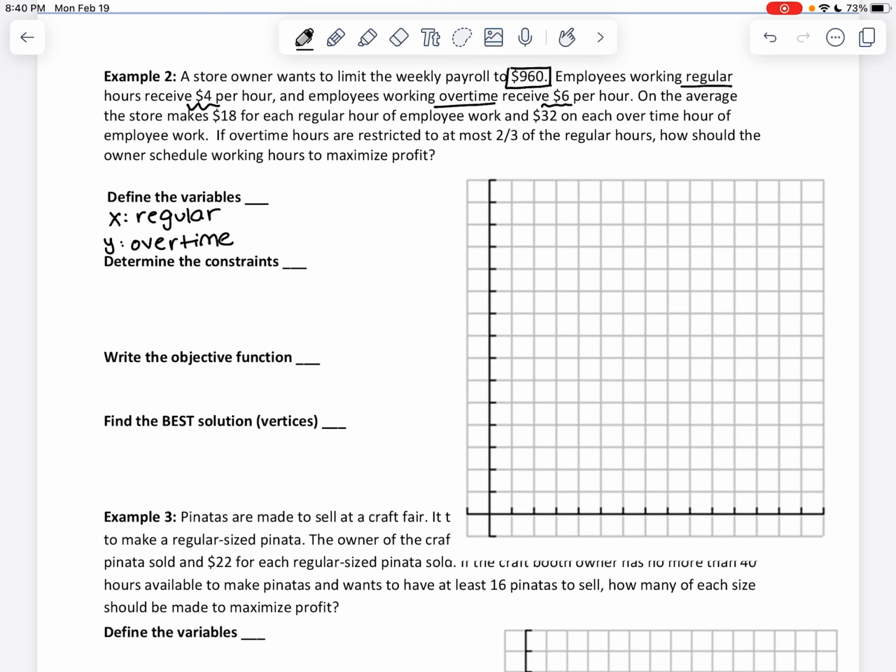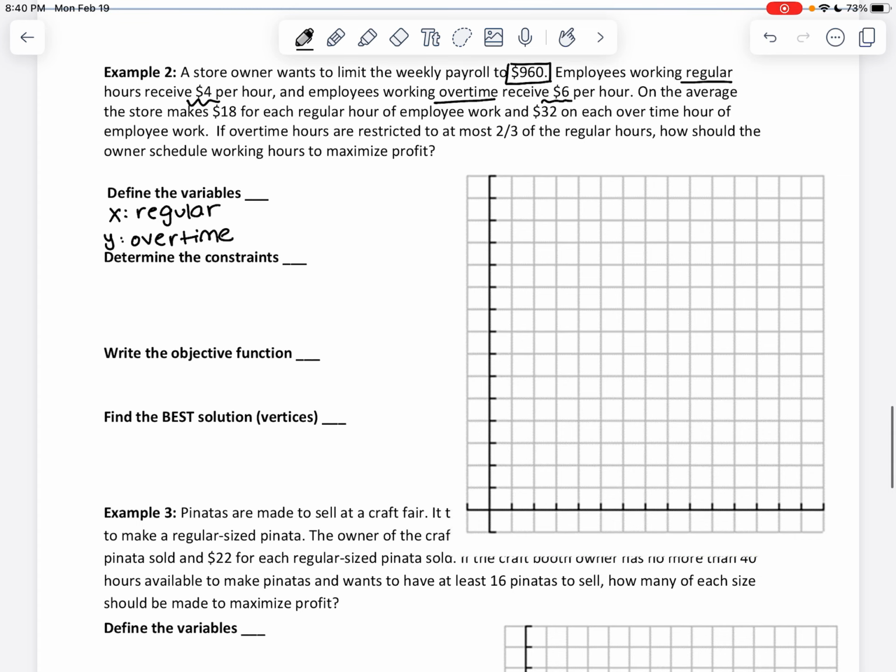We'll write 4 times x, which represents $4 for every regular hour, plus 6 times y, which represents $6 for every overtime hour. And when I add them, I get the total amount that needs to be paid for the hours worked. And we want to limit that to $960, so we'll say that this is less than or equal to 960. That's our limit.